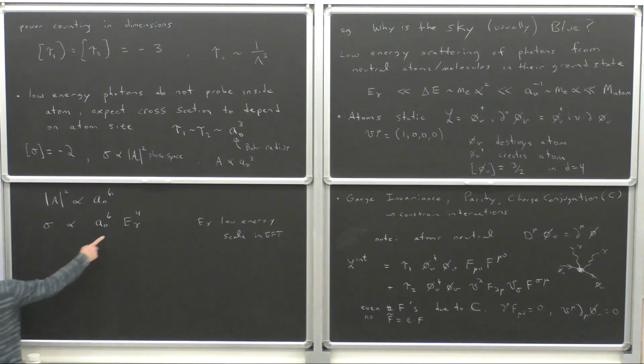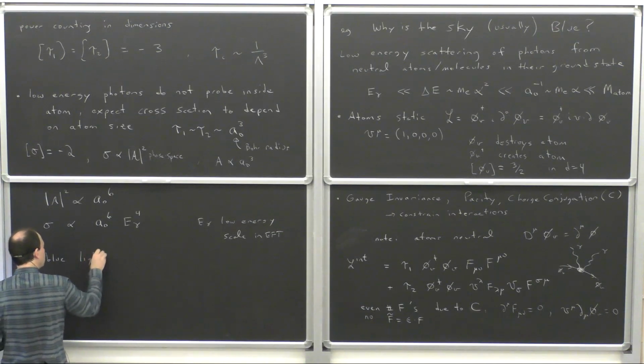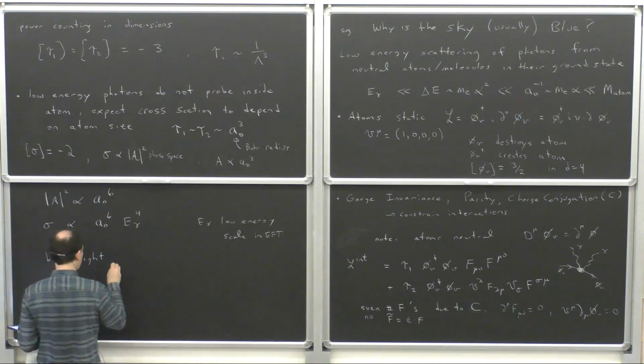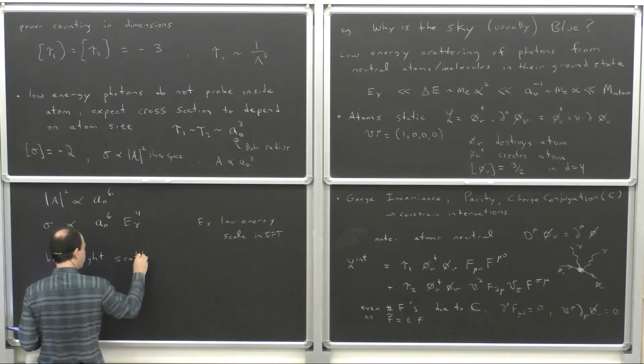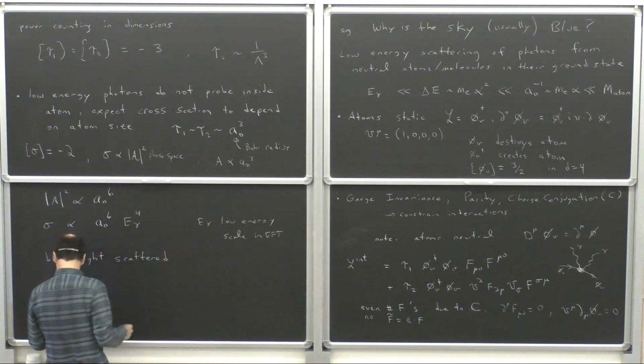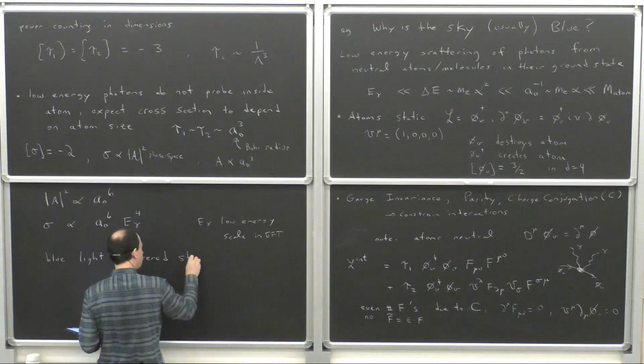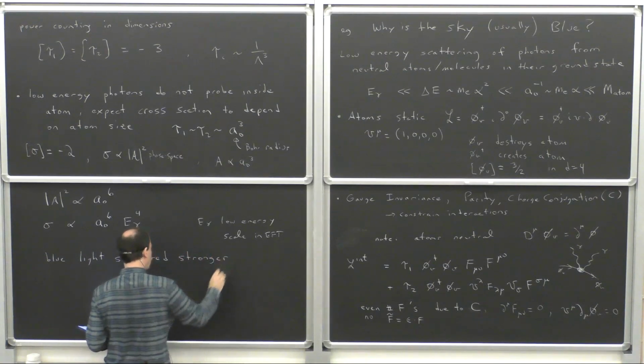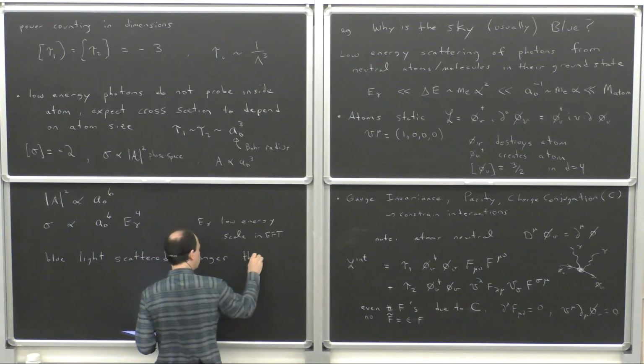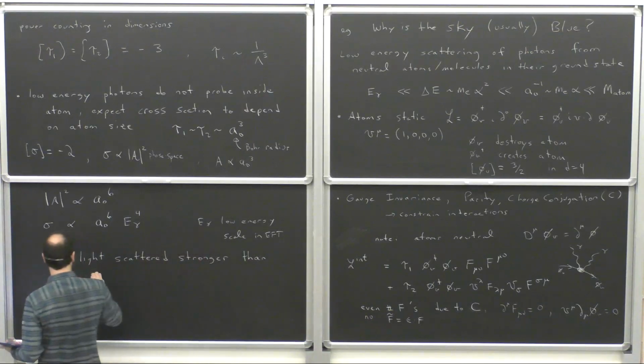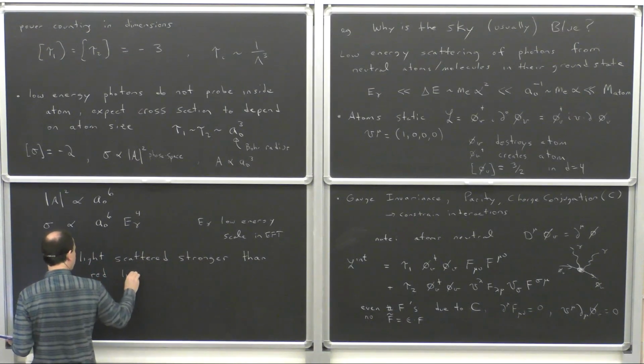And what does this little argument say? Well, it says that things of higher energy scatter stronger than things of lower energy. And blue light, which has smaller wavelength, has larger energy, because wavelength and energy are inversely proportional. So blue light scatters more strongly than red light and other parts of the visible spectrum.